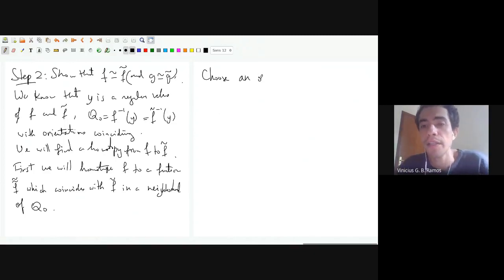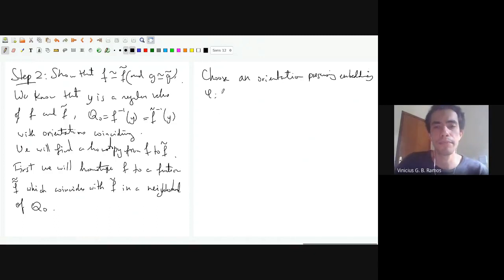So I choose an orientation preserving embedding from q0 times Rn to x. That just takes q of x dot to x.